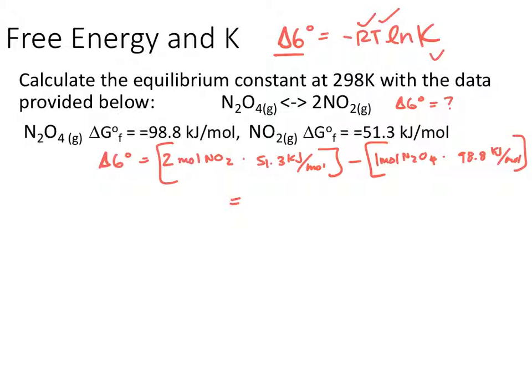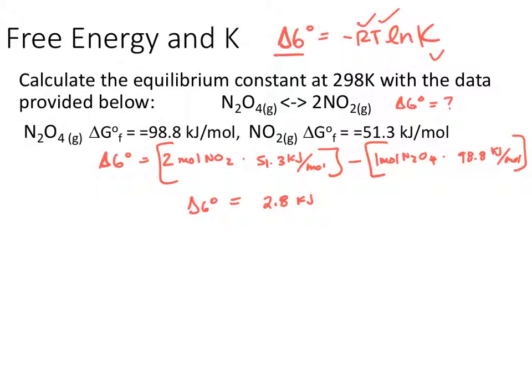Okay, and if we plug that into our calculator, we're going to end up with 2.8 kilojoules as our delta G naught value. And then we can subsequently plug this in. The equation that we have here is basically primed for our delta G naught value. Now, guys, I do want to point out delta G naught here is in kilojoules.